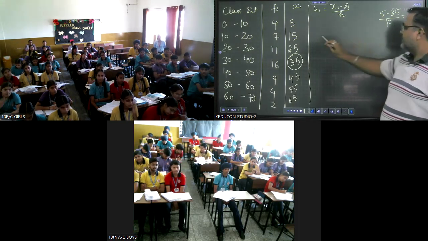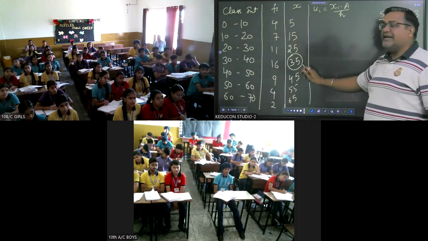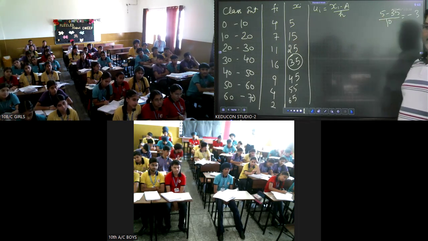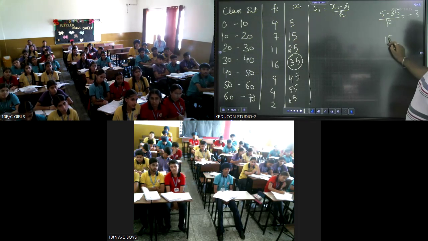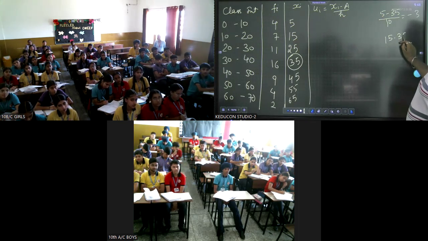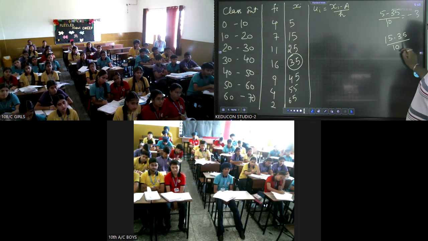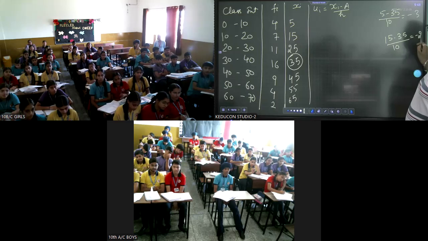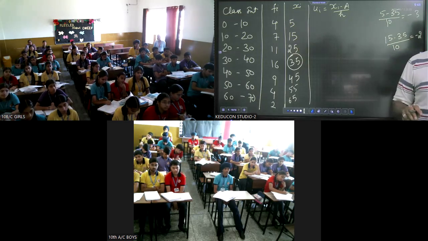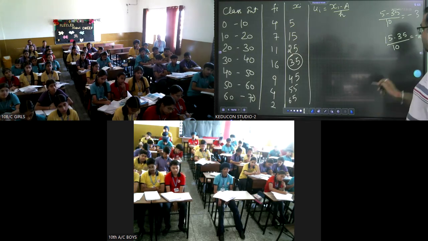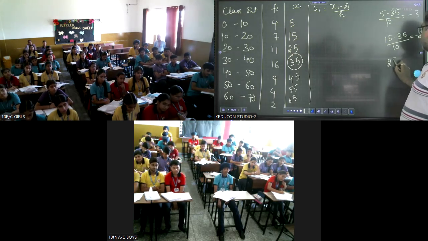Similarly, next, 15 minus 35 over 10 becomes minus 2. Similarly, 25 minus 35 over 10 is minus 1.